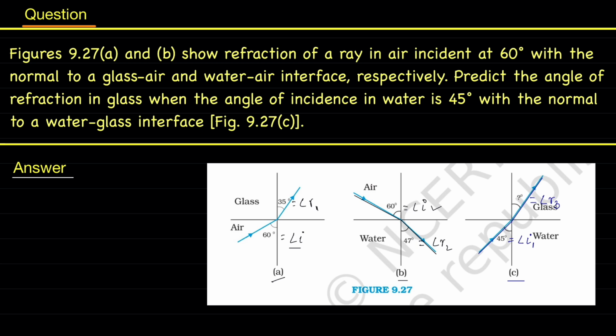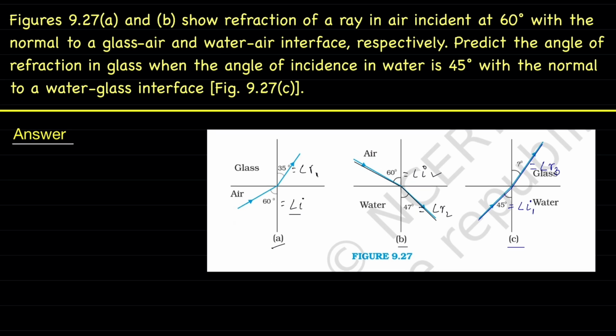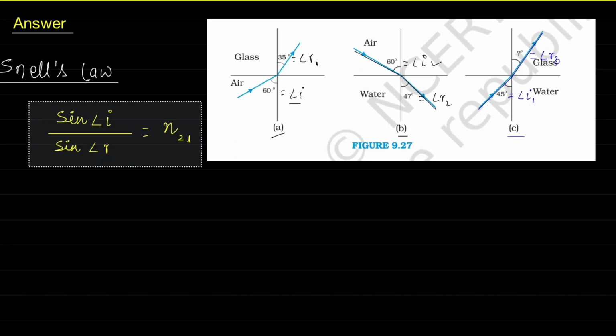To solve this question, we are going to use Snell's law, or the first law of refraction. According to Snell's law, sin I by sin R is equal to the refractive index. So this is our Snell's law formula: sin I by sin R is equal to N21. And what is N21? N21 is the refractive index of medium 2 with respect to medium 1.